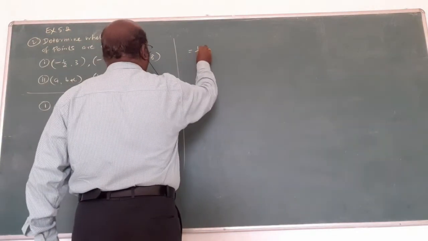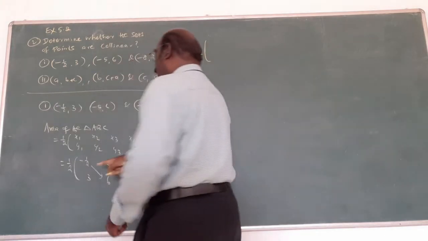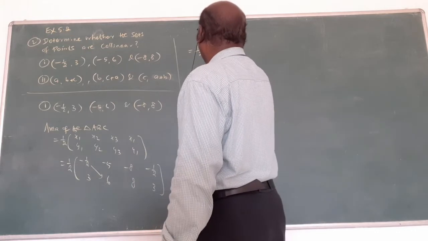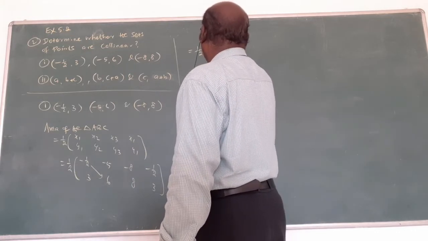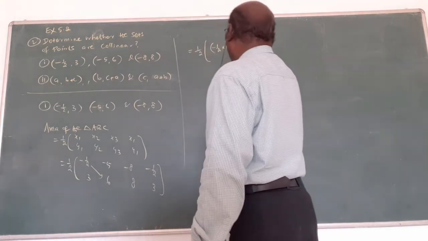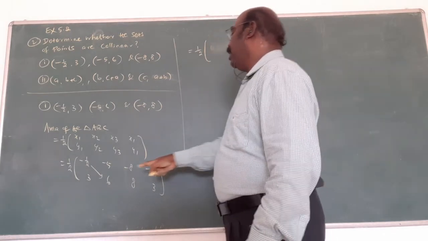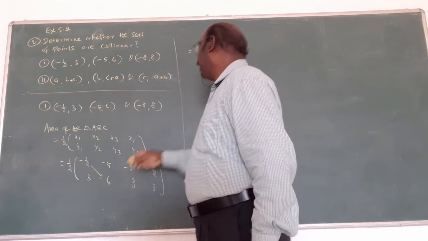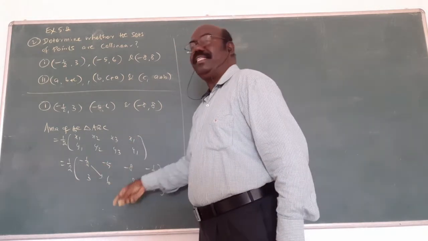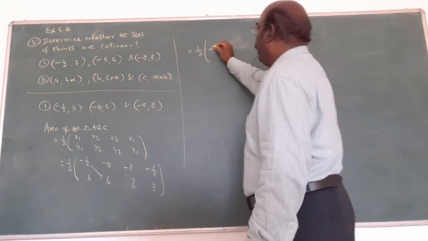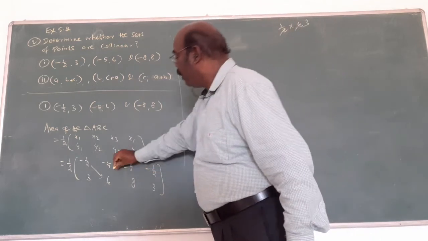Half into, what is the answer? Half into 6. 3 times down, minus 3 will come. Half into 6, am I correct? Again, cancel now. That's the direct answer. Half into 6 cancel. Only 3 is left. This is enough. Next step.